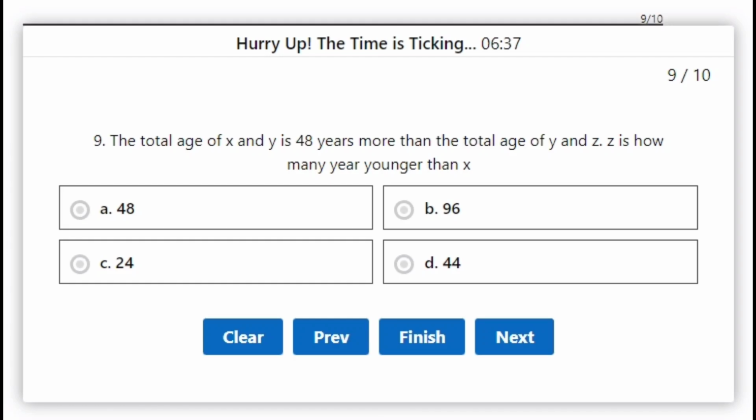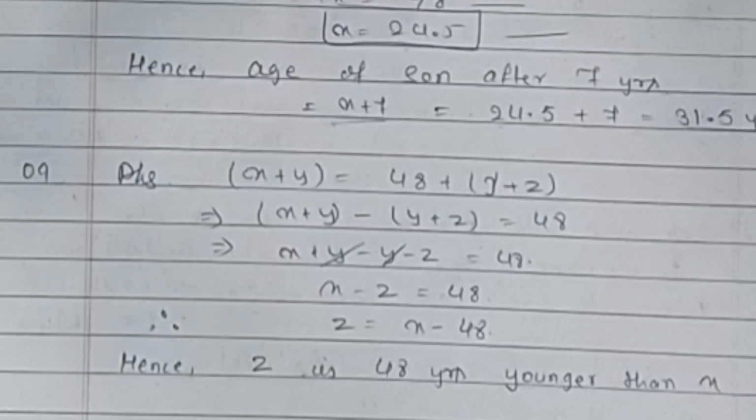Now, the 9th question is, the total age of x and y is 48 years more than the total age of y and z. Z is how many years younger than x? We didn't assume anything like the age of x to be ABC or the age of y to be ABC, because in the question itself it is given in the form of x and y.